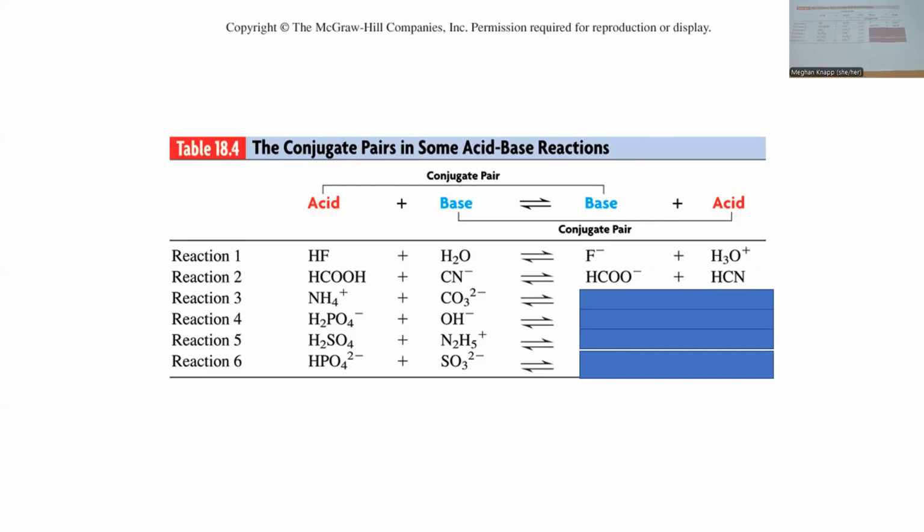Ammonium already has a positive charge. That's our acid. What is its conjugate base going to be? NH3 or ammonia, right? And so because it's taking the positive charge with it, the NH3 is going to be neutral. What about our CO3 2 minus? What is the conjugate acid going to be? HCO3 1 minus.